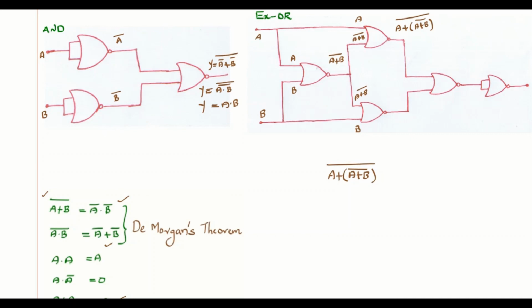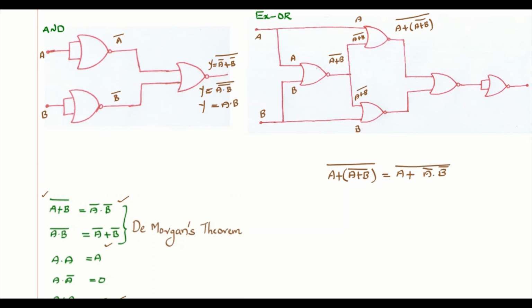De Morgan's theorem states that A plus B complement is equal to A complement dot B complement.